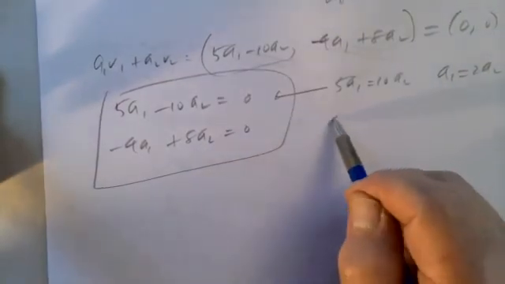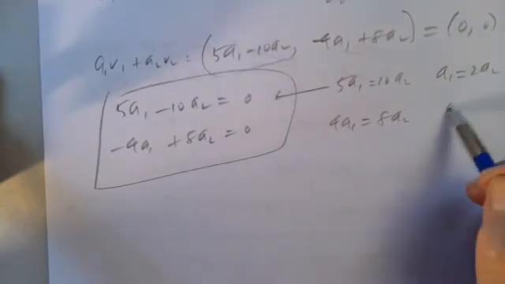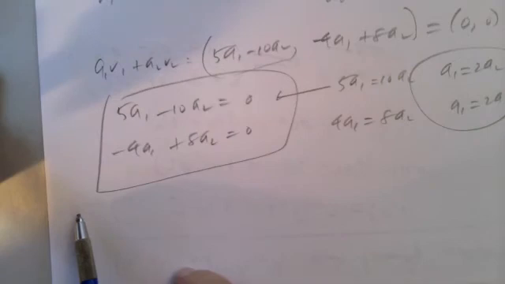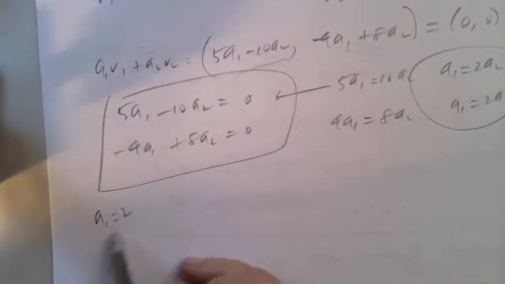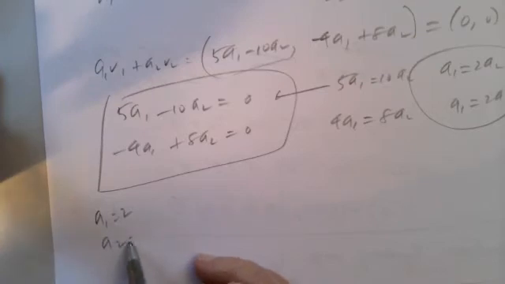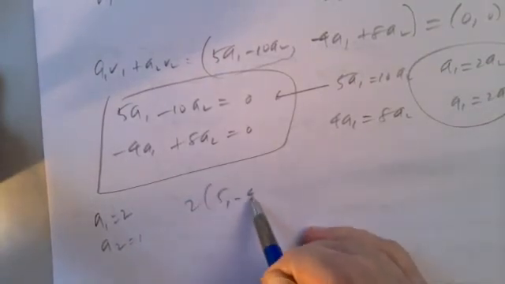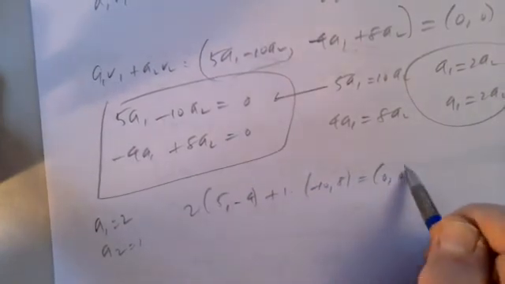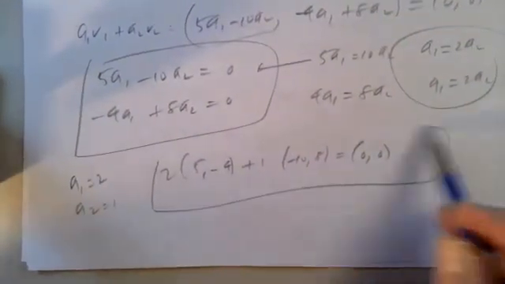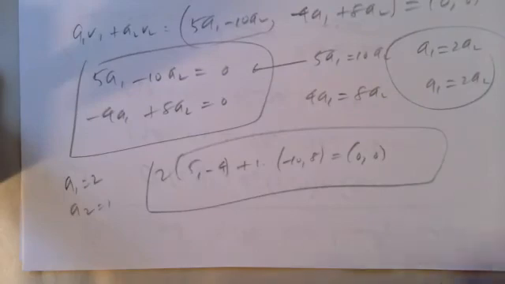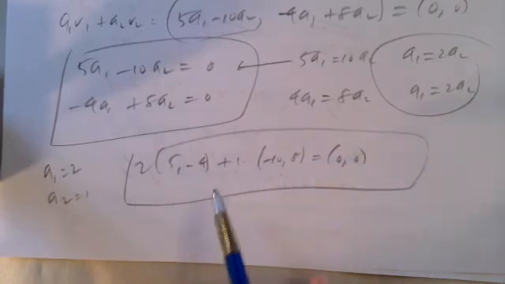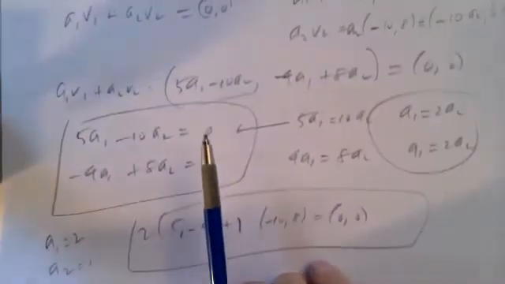From the second equation, we get 4a1 equals 8a2, or a1 equals 2a2. So for any value of a2, if you let a1 equal twice that, we get a solution. For example, if you let a1 equal 2 and a2 equal 1, then 2 times (5, -4) plus 1 times (-10, 8), if you check, that's the zero vector, which means some linear combination of these two vectors is 0, and the scalars are not both 0.